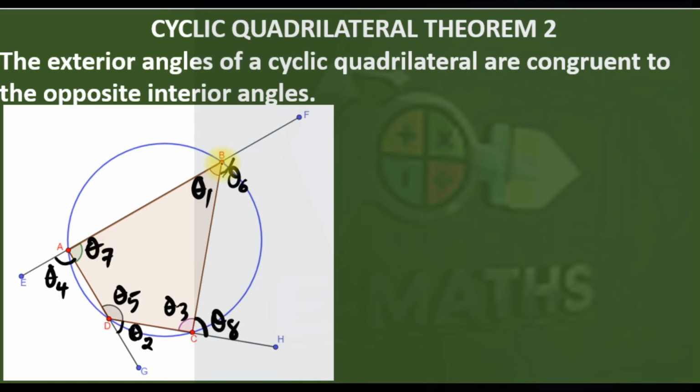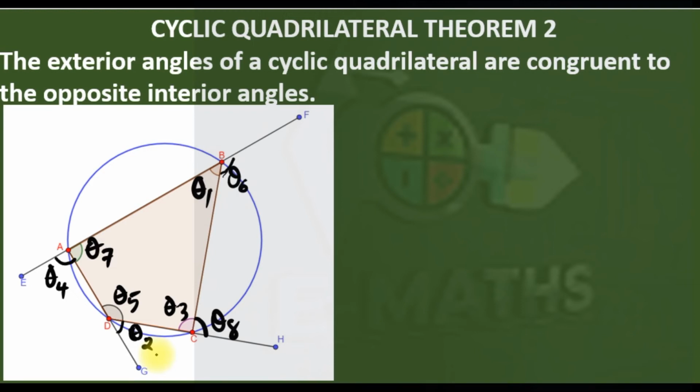So I purposely numbered it theta 1, theta 2. Do you see from this that the theorem states that theta 1 is equal to theta 2, and theta 3 is equal to theta 4. Theta 5 is equal to theta 6. Theta 7 is equal to theta 8.